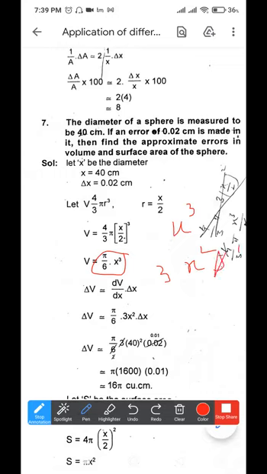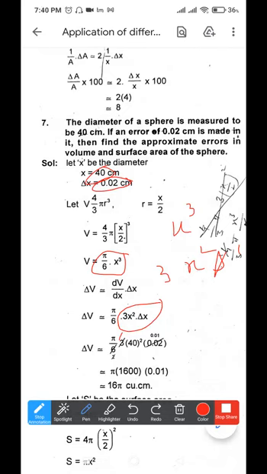So 3 into x square, where x is 40, 40 square into delta x. Delta x is nothing but 0.02, that is your delta x.